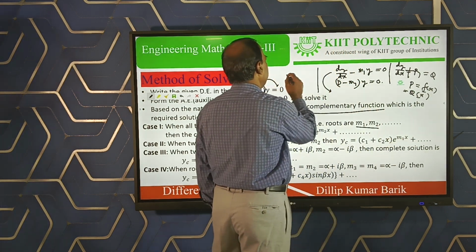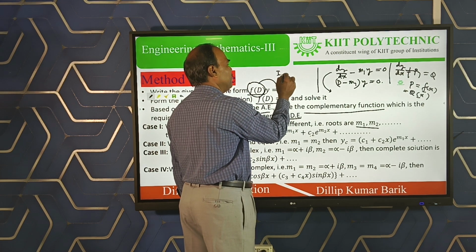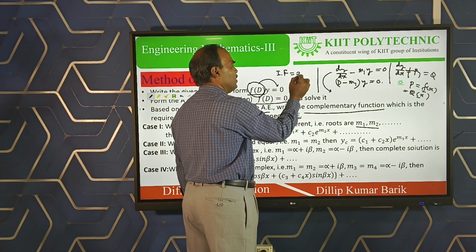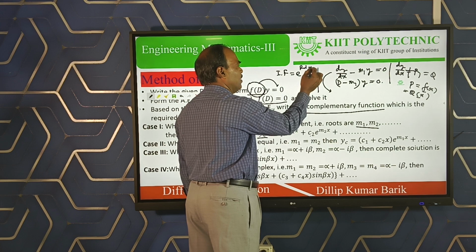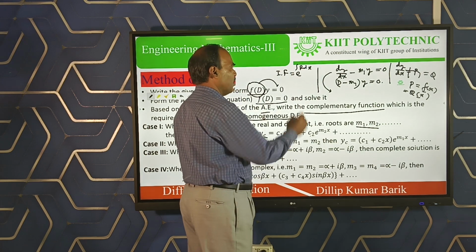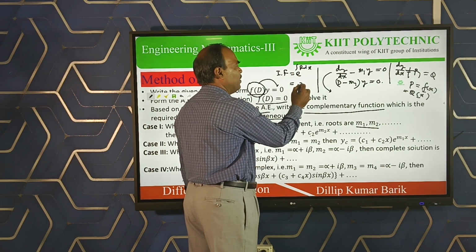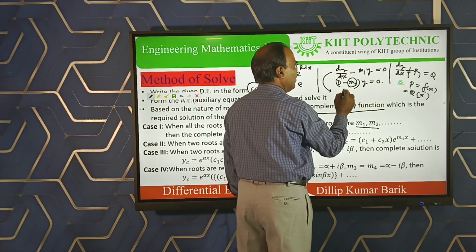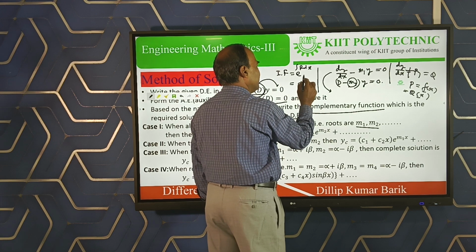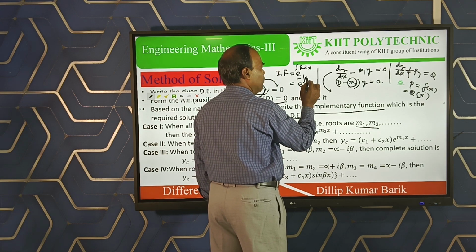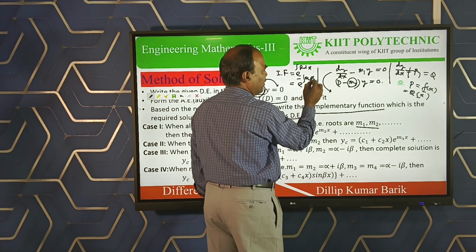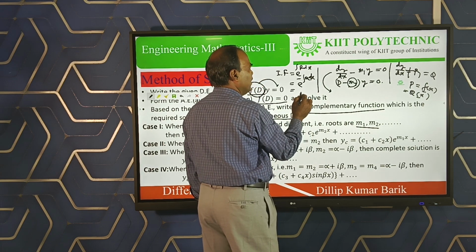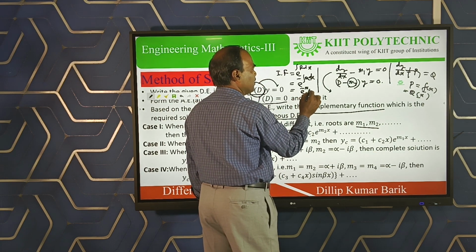So how to solve it? First we find the integrating factor, IF, which is nothing but e to the power integration of p, and here p is what? If I consider p as m1, that means integration of minus m1 dx, so it is nothing but e to the power minus m1 x.